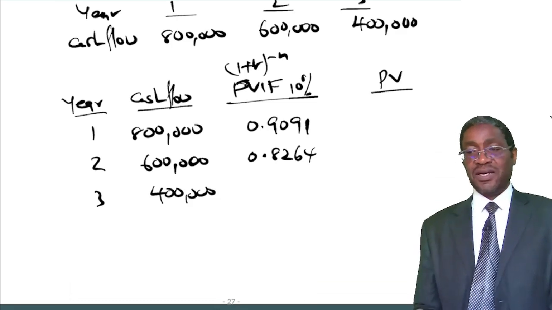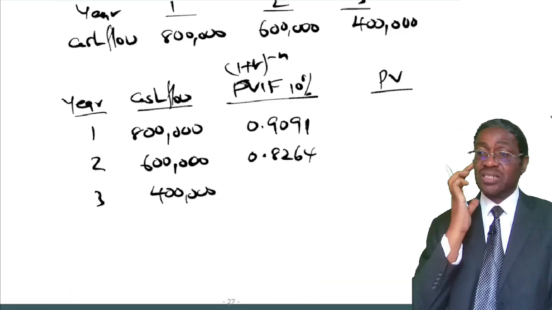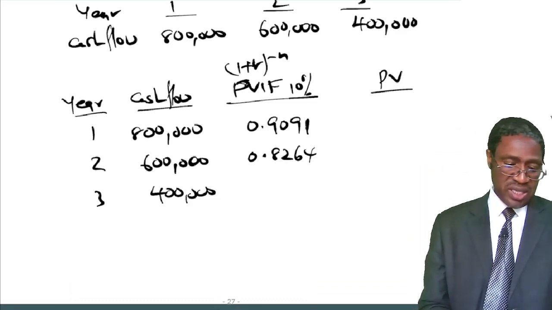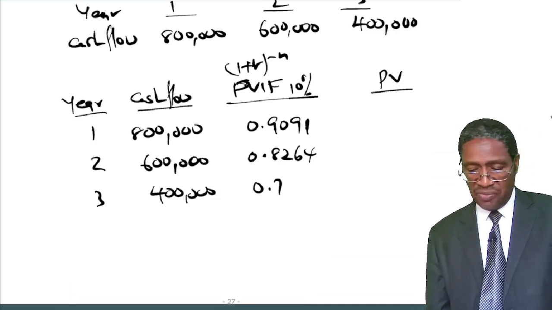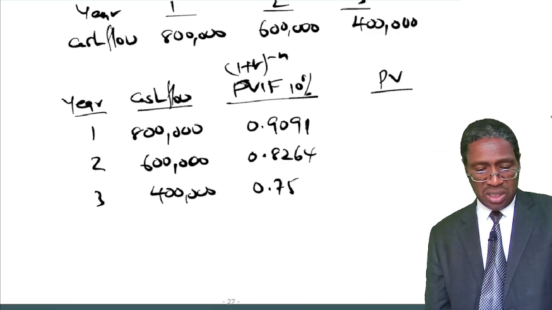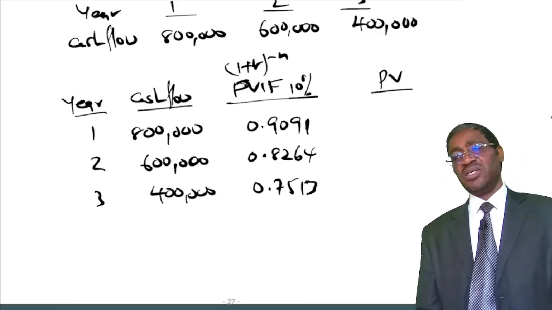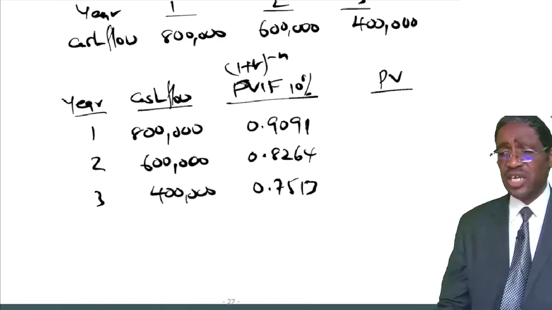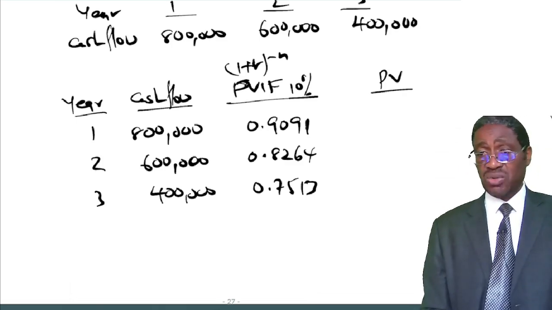For the third year, 1.1 to the power of -3 gives me 0.7513.